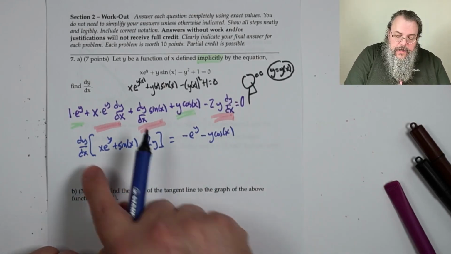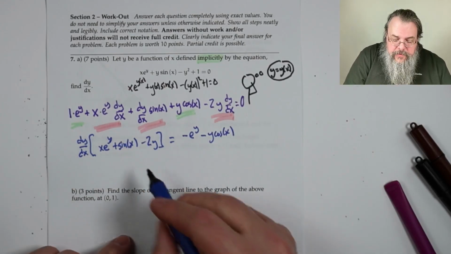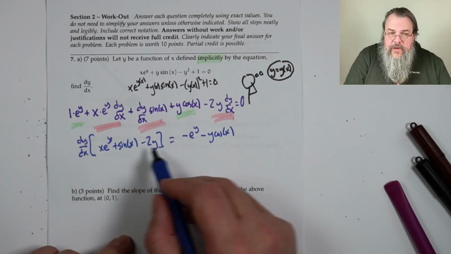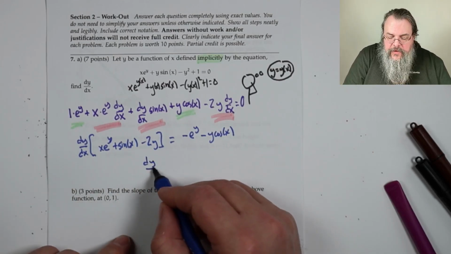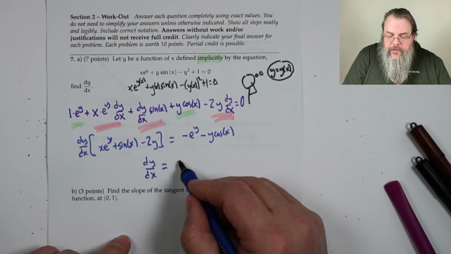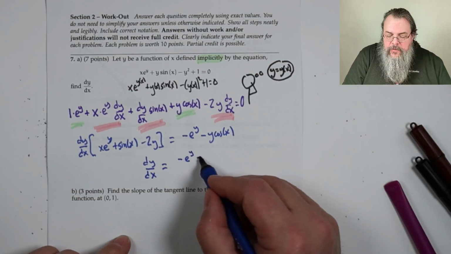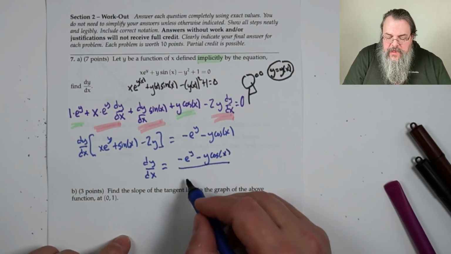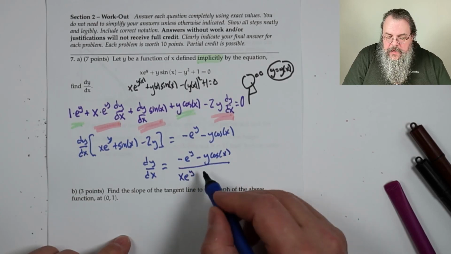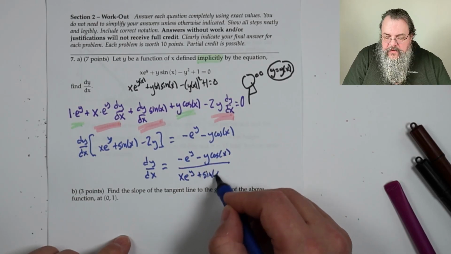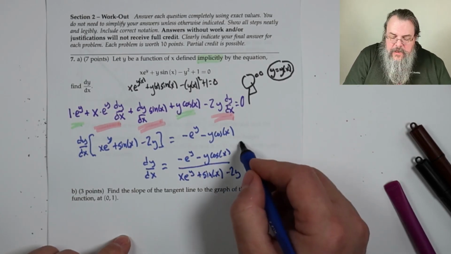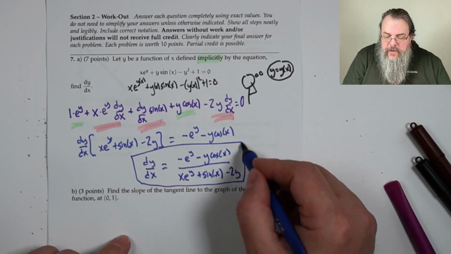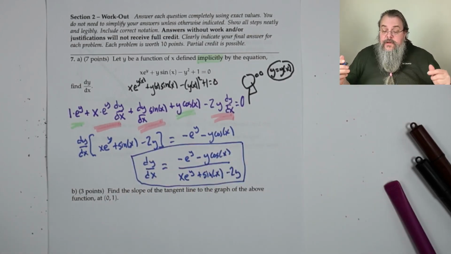And finally, we just need to get the dy dx by itself, so we divide by what's attached to it right now. So dy dx is minus e to the y minus y cosine of x, divided by x e to the y plus sine of x minus 2y, and that is dy dx.